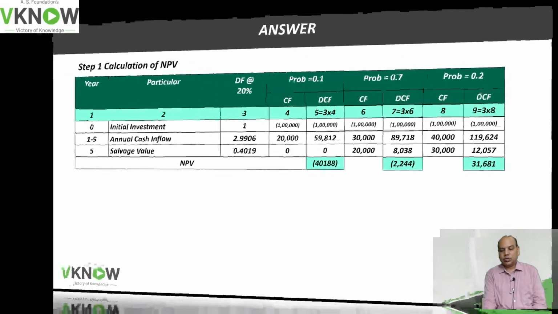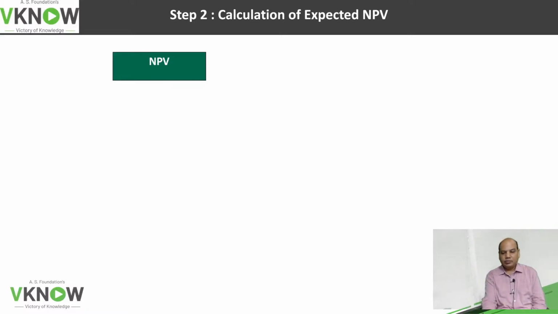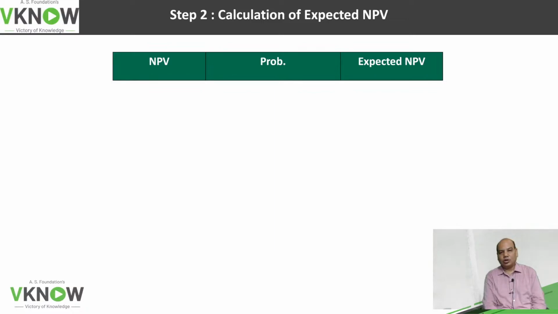Okay, write down below. Step 2, calculation of expected NPV. Draw this table with 3 columns. NPV, probability, expected NPV. Column number 1, 2, 3. Third column is 1 into 2.